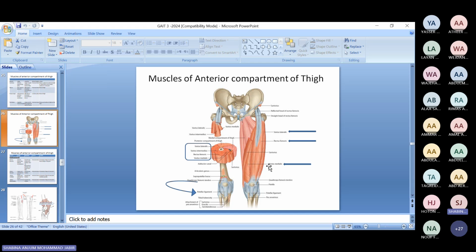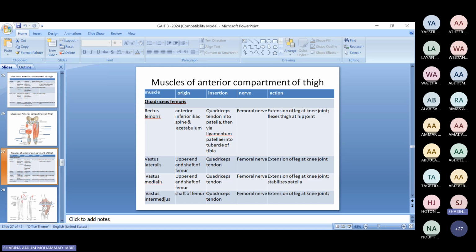Laterally, vastus lateralis. Then what about the vastus intermedius? When you remove the rectus femoris or lift it a little, you will see a deep muscle, which is the vastus intermedius. Like this, you can identify these four muscles.